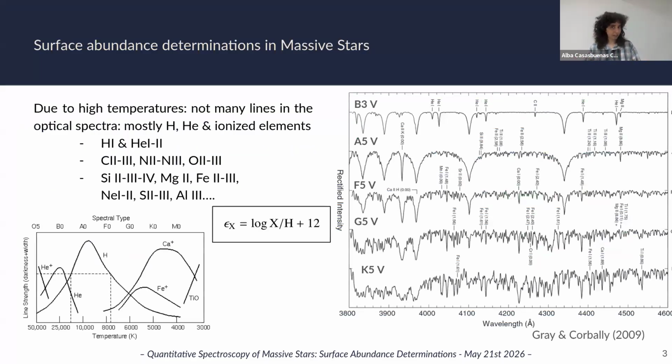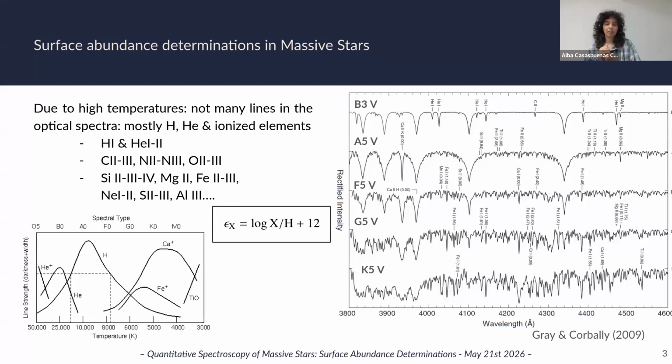Due to their very high temperatures, there are not that many spectral lines in the optical spectra of massive stars. Here on the right, I'm also including some spectra of different stars with different spectral classifications. On the top, we have an OB star, and we can see that it has a significantly lower amount of spectral lines than the other colder stars.